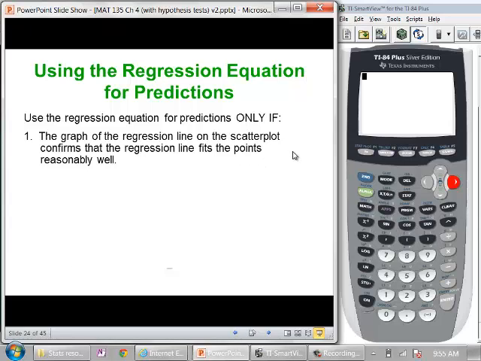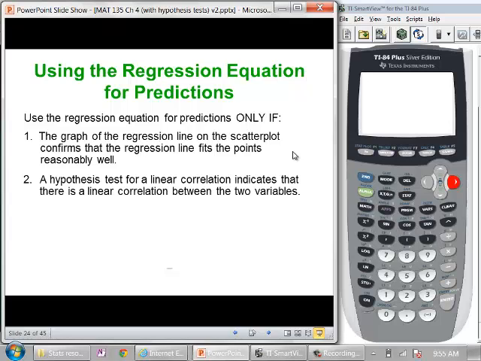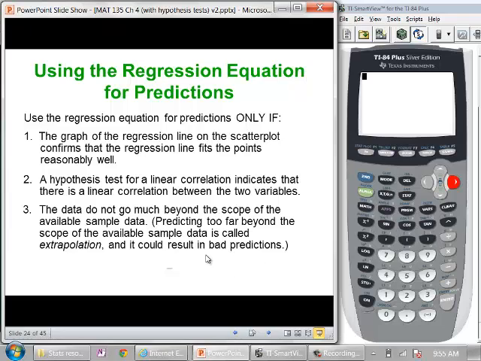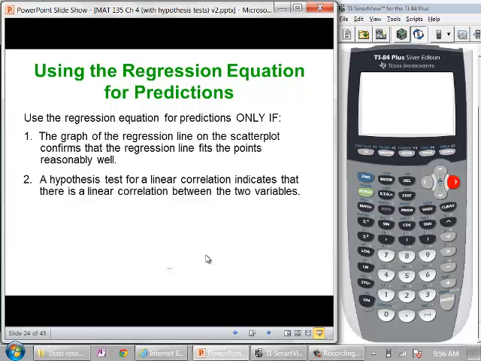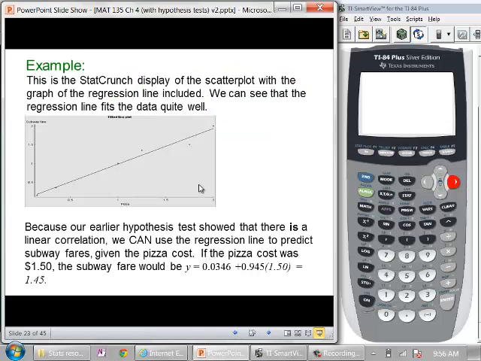Now we can only use this equation to make predictions if we've already shown that there's a linear relationship. So that's why we were talking about doing the hypothesis tests. The other thing that's a little bit dangerous in this is if we're going too far beyond the scope of the data that we have. So if we go back to our picture over here, let's say that we wanted to predict this far out into the future.